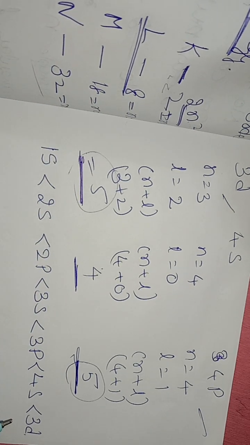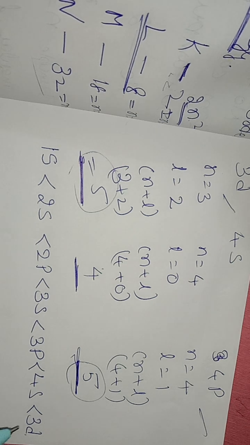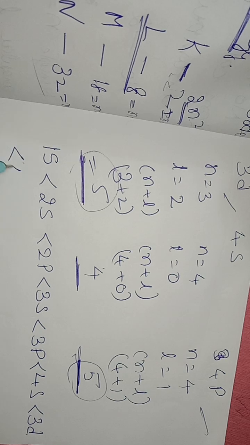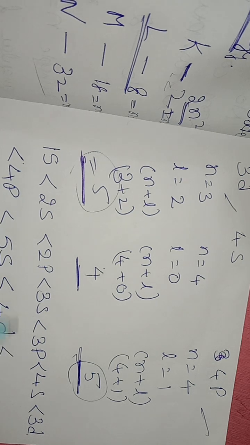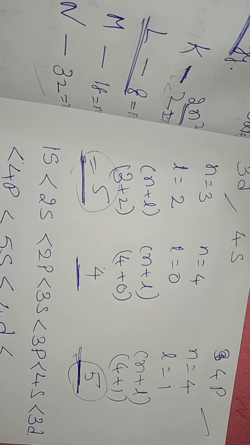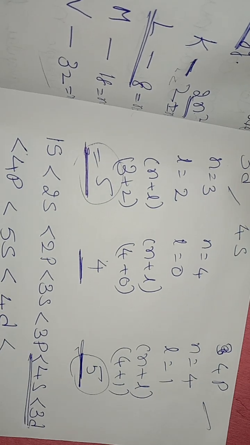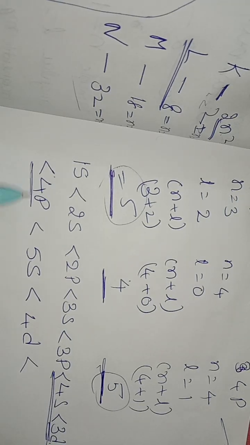After 3d, you will get 4p, right? Next, here you will get 4p, then 5s, then 4d, like this. So in this way, we can find the energy levels of the orbitals. Why did we get this one? Here, why 3d first? Why not 4p?